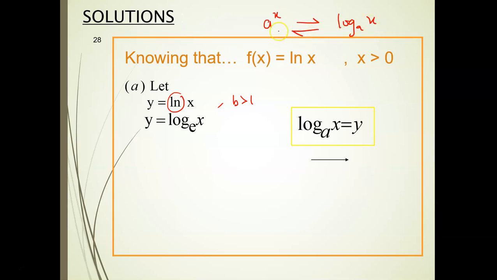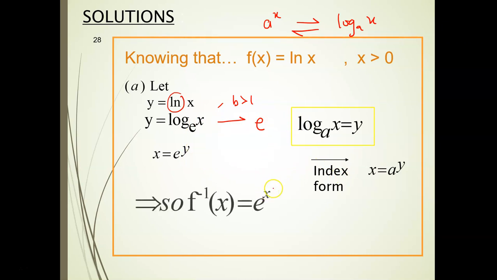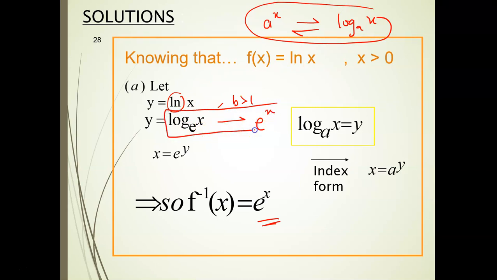If log a of x, the inverse will be a^x. So in this case, log e of x, its inverse will be e to the power of y, but later on we change to x. If we directly use these properties, we can directly get the inverse for this ln, which is e^x.